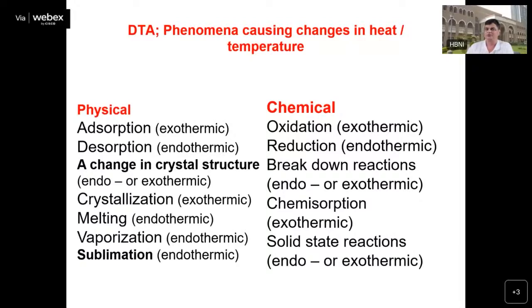And the chemical phenomena: oxidation, exothermic, reduction, endothermic, breakdown reactions, which can be either endo or exothermic, chemisorption, exothermic, and solid state reactions, endo or exothermic. Depending on that, the curve of dQ/dt versus t will have various peaks.